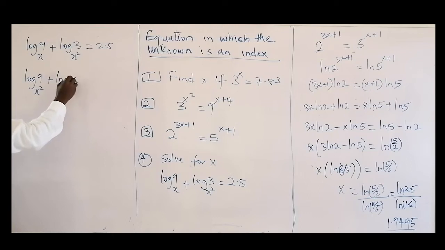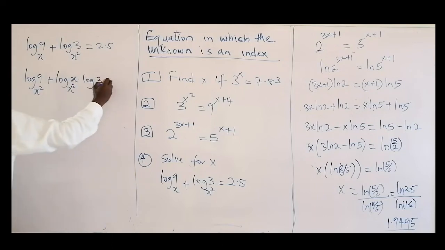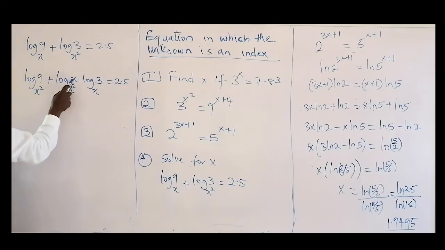Then you see something I will do here, and then times log, this one will be here also. Then I have my 3 here equal to 2.5. Okay, you see I've not done anything strange. It's the same expression. So just ensure that what you have here is the same, and you have your 3 here and your x squared.